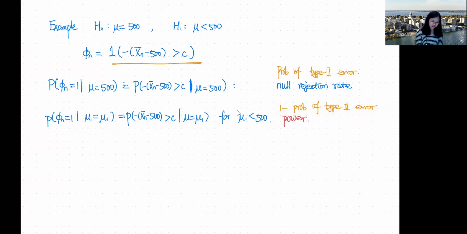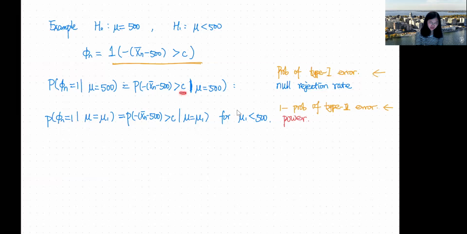Because type 2 error is a non-rejection when there should be rejection. So the probability of rejection when there should be rejection is 1 minus the probability of type 2 error. So these are type 1 error and type 2 error in the example. And now looking at these two errors, two rejection probabilities, let's look at their relationship with the threshold C.